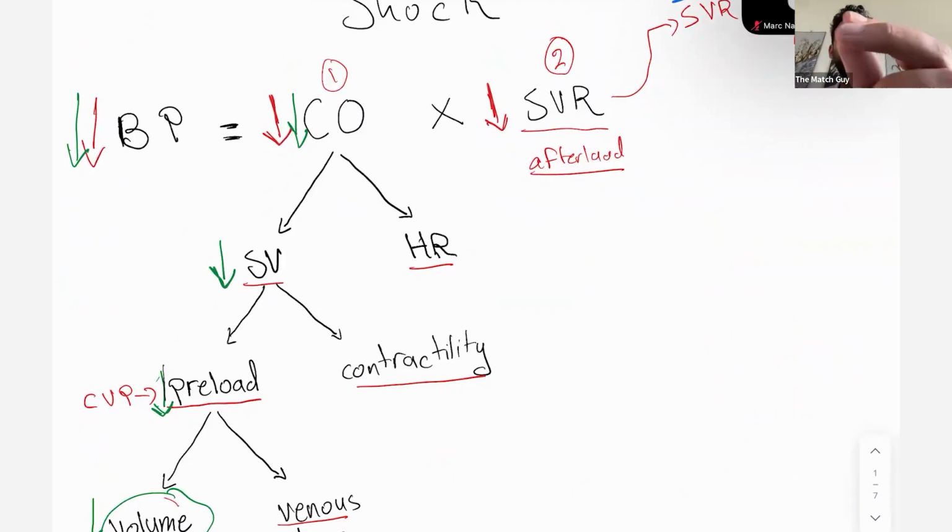Okay? Now, when the blood pressure falls in the body, which is going to happen in hypovolemic shock, one of the reactions is going to be for the body to upregulate the sympathetic nervous system to counteract this fall in the blood pressure.